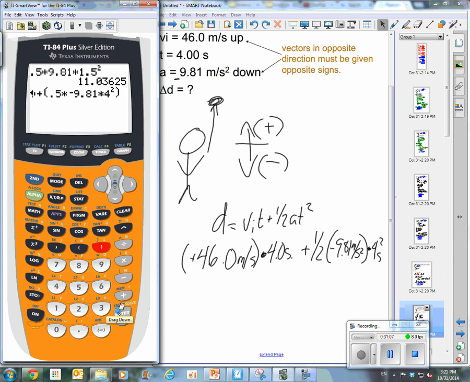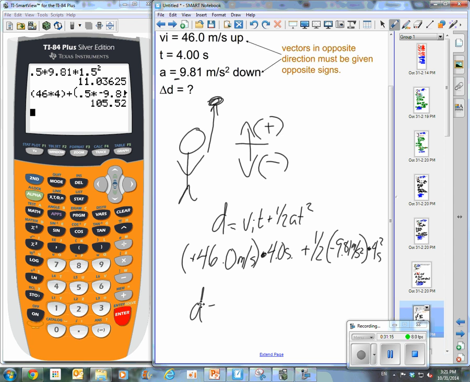All right, enter, and I've got a value of distance 105.52 meters. Now, we need to look at significant figures. So here I've got 3 significant figures, 3 and 3. So my answer needs to be to 3 significant figures. 5 rounds up, so 106 meters.